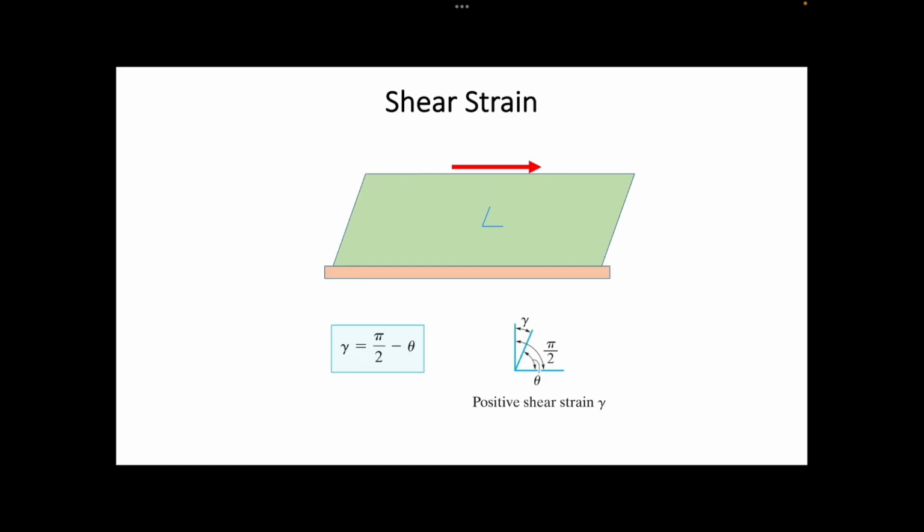However, if we change the direction of the force to the left, like the following, then the shear strain defined by the formula will be negative. So as you can see, whenever we talk about shear strain for a point, we need to define the two line segments. In the case of normal strain, we need to define the direction of the line segment.